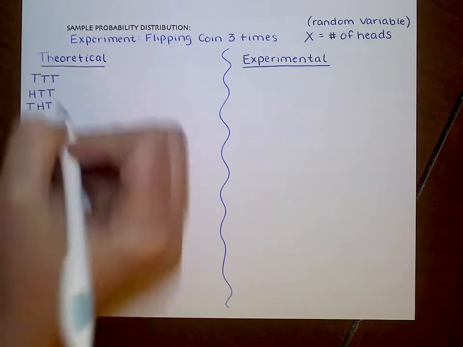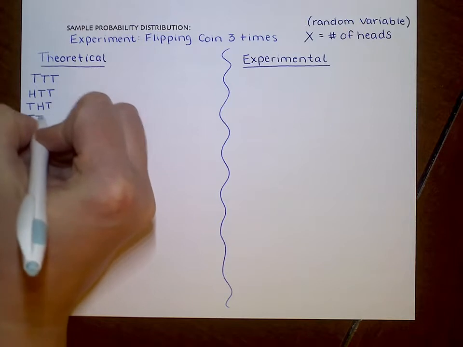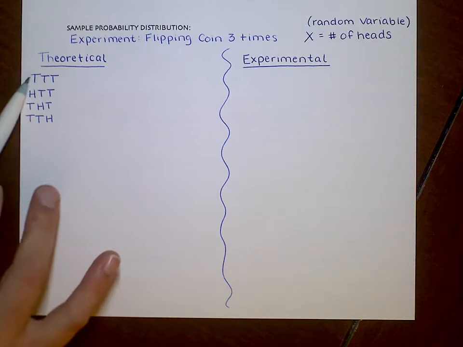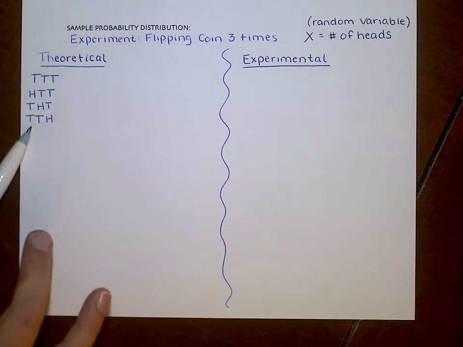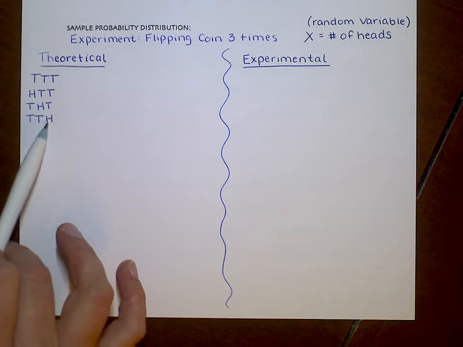I'm just working through and figuring out how many ways I could get just one head. And then we could have the heads be the last thing here. When I'm doing these sample spaces, especially with coin flipping, because it's always a 50-50 thing, I always establish these ones first. So this is all tails, and then here are the ways that I could get just a single head.